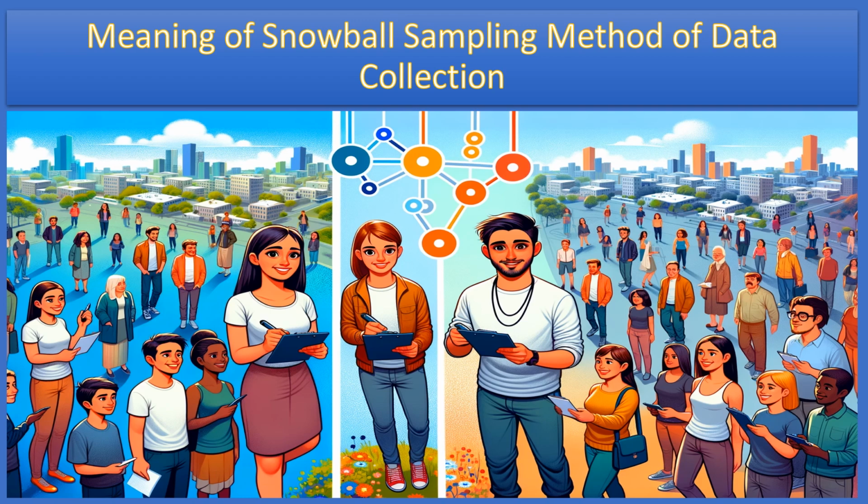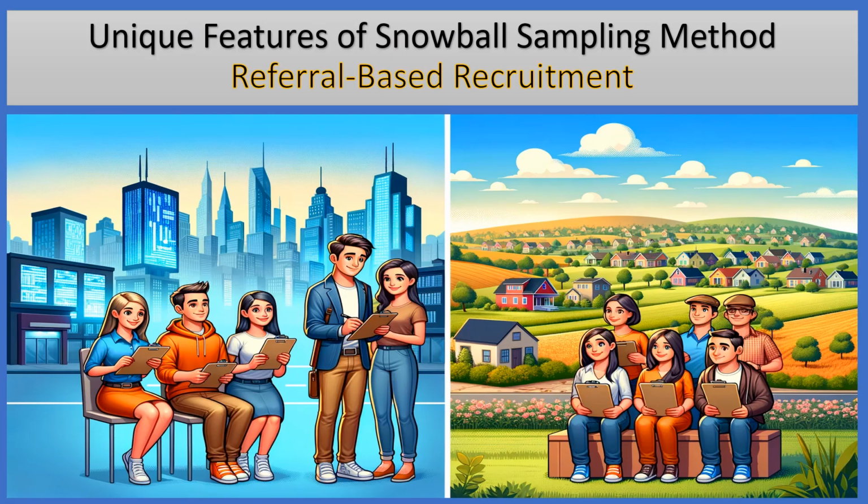These initial participants are then asked to refer other individuals they know who meet the criteria for inclusion in the study. As the process continues, each new participant recruited through referrals may in turn refer additional participants, leading to a chain-like expansion of the sample size.